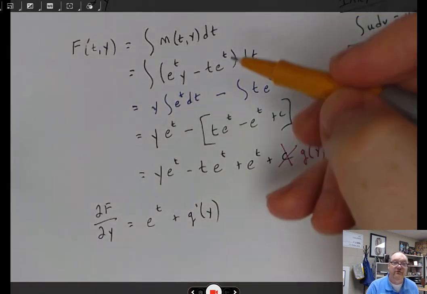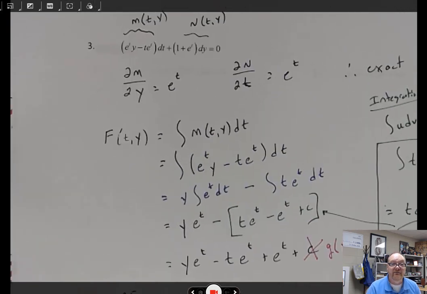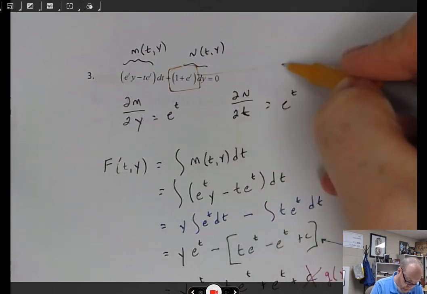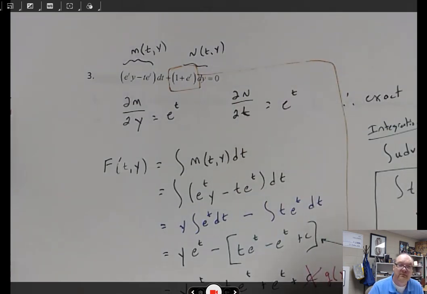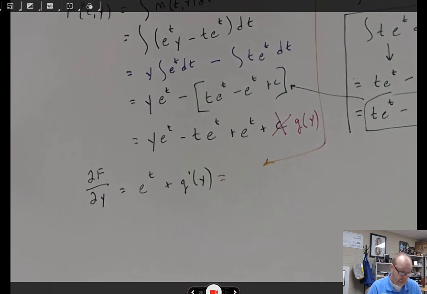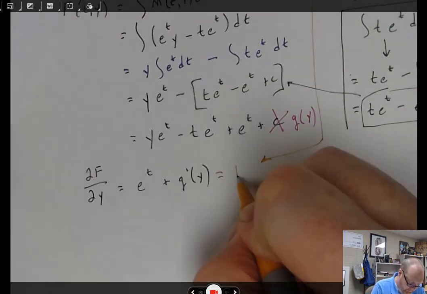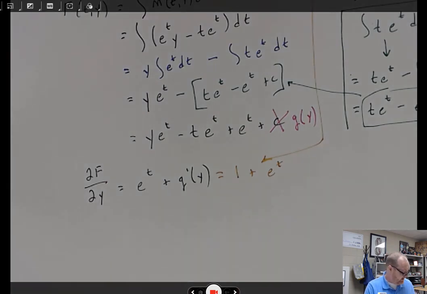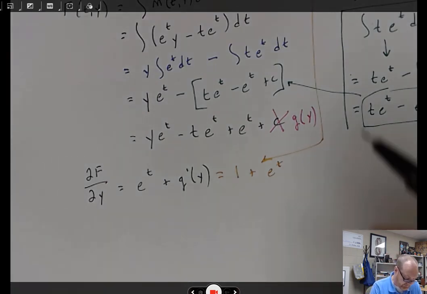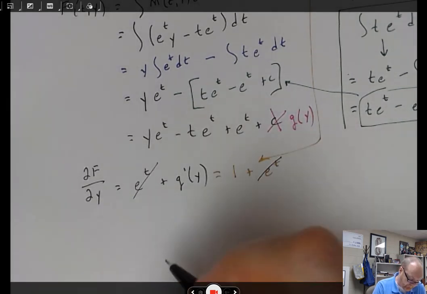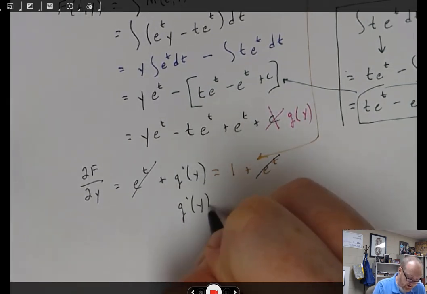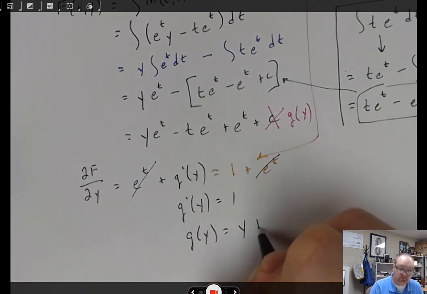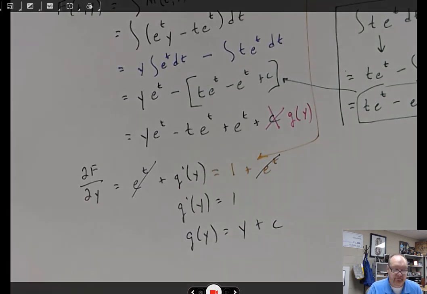And so I'm going to equate that with everything up here. So that's going to be a 1 plus an e to the t. And just like happened in the past, the e to the t's cancel out. I have just a g prime of y equal to 1, which means g of y is equal to y plus some constant c. There really is a constant.